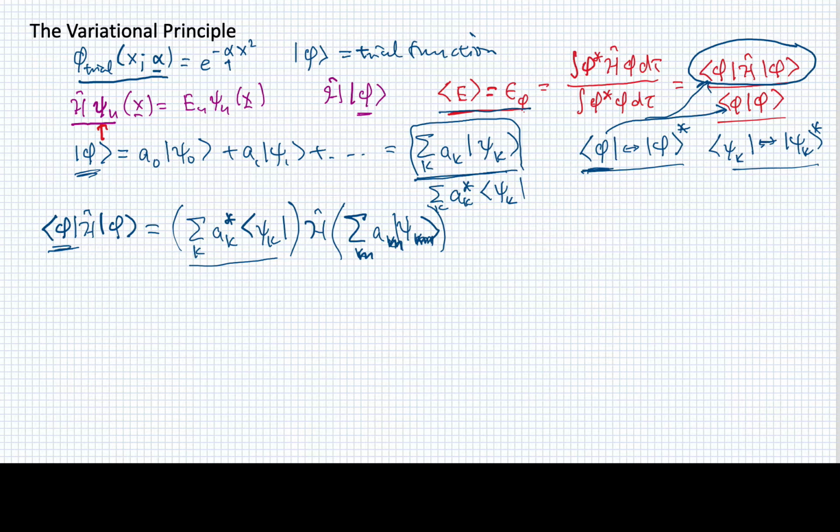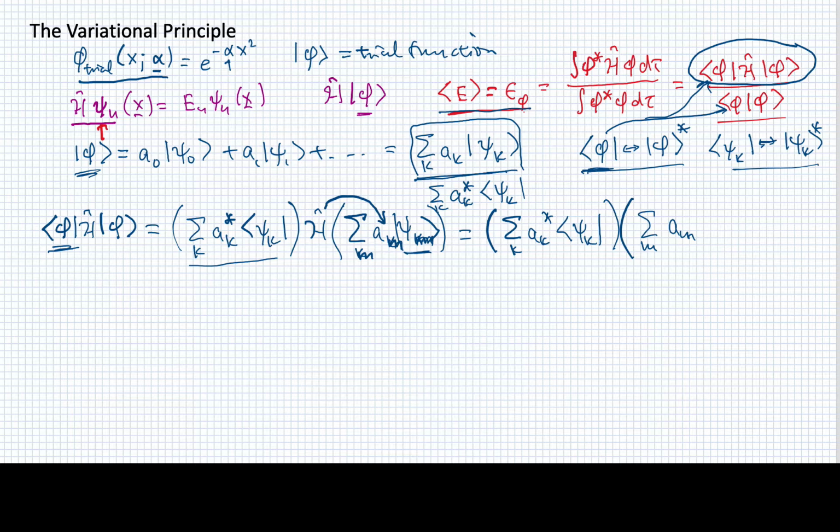All right, so now when I operate the Hamiltonian in here, I can actually bring the Hamiltonian directly in there, because this is just numbers. This is just numbers multiplying that Hamiltonian. So I'll end up with sum over k, a sub k star psi k, and then I'll have sum over m, a sub m, and now the Hamiltonian operating on this.